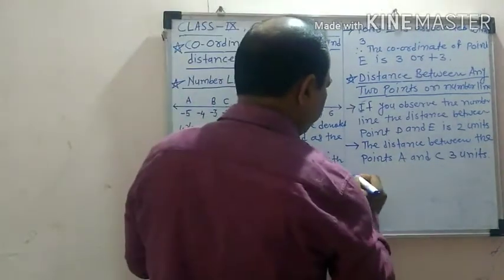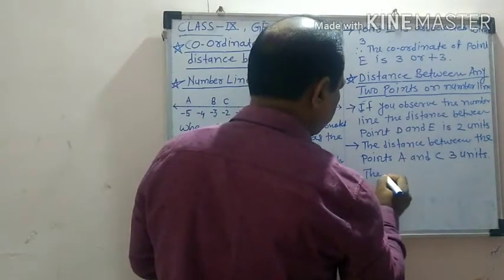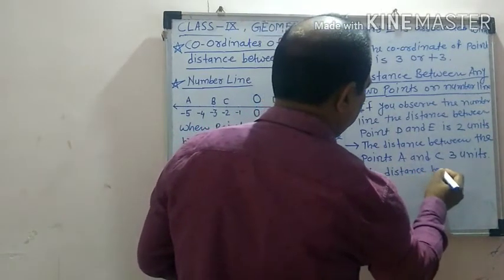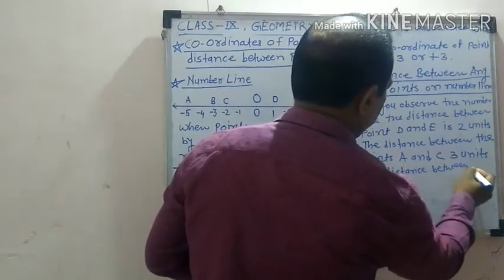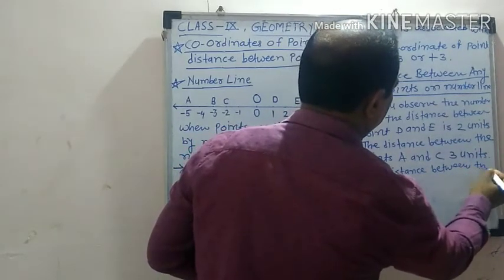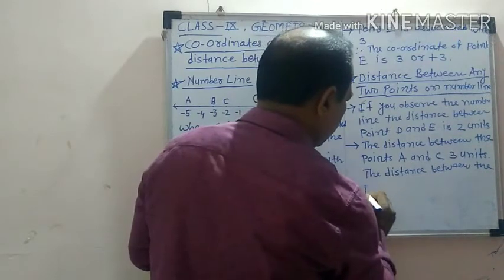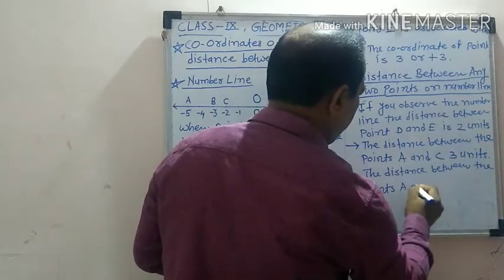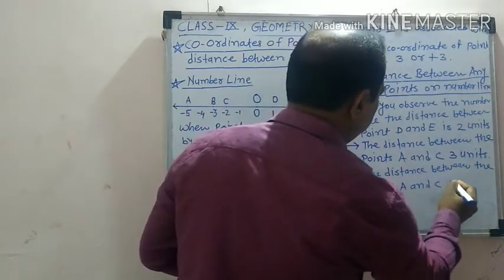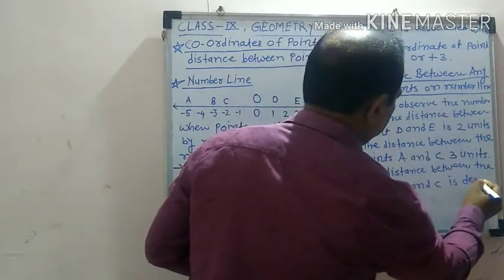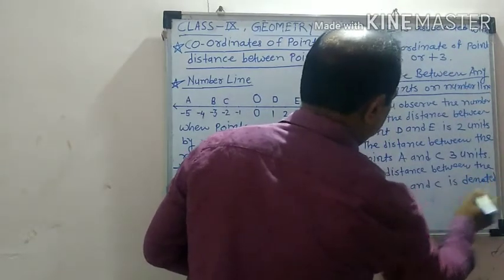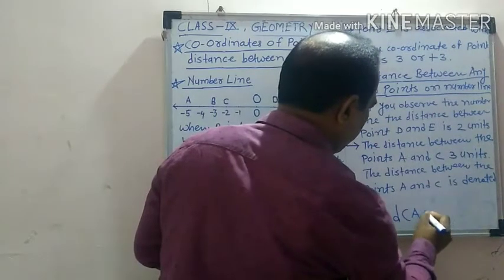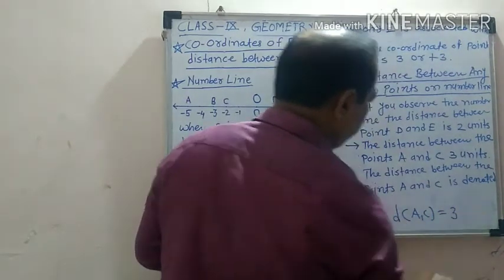The distance between the points A and C is denoted as d(A, C) is equal to 3.